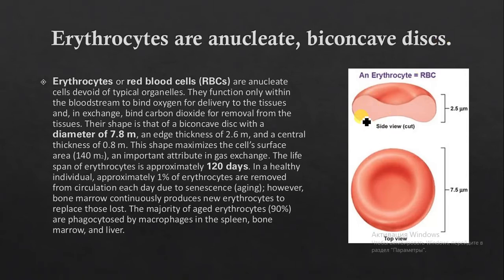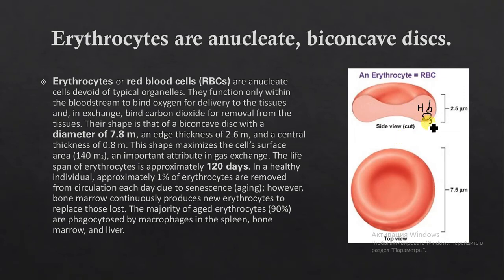RBCs are 95% composed of hemoglobin, HB. This hemoglobin is a specific protein with the specificity to carry oxygen. And the shape of the erythrocyte is maintained as a biconcave disc to provide the largest surface area to oxidize this hemoglobin and make it more adjustable for O2.